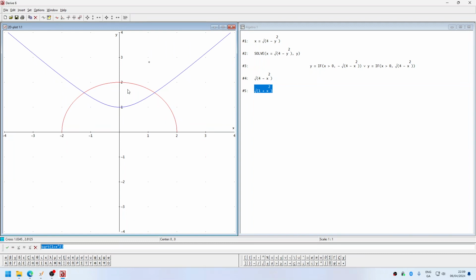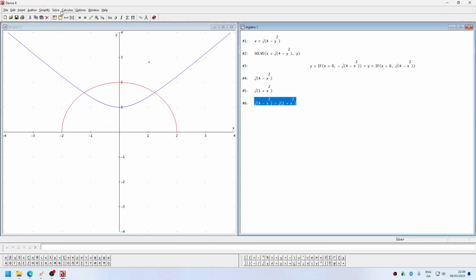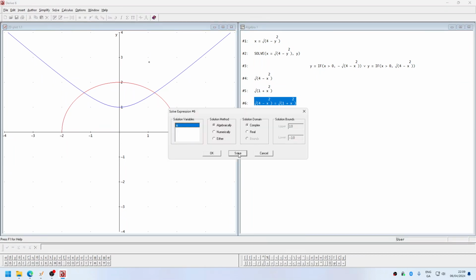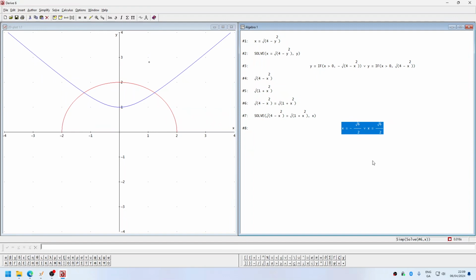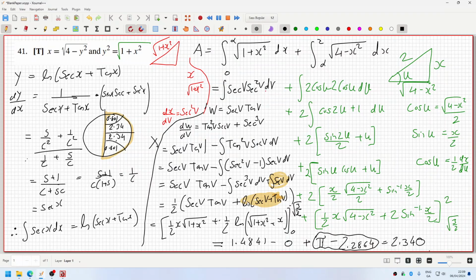And then solve. Maybe I just found the wrong intersection point out. Oh, root 6 over 2. Must have made a mistake earlier. So root 6 over 2 for alpha. So maybe, just maybe, that fixes it up.